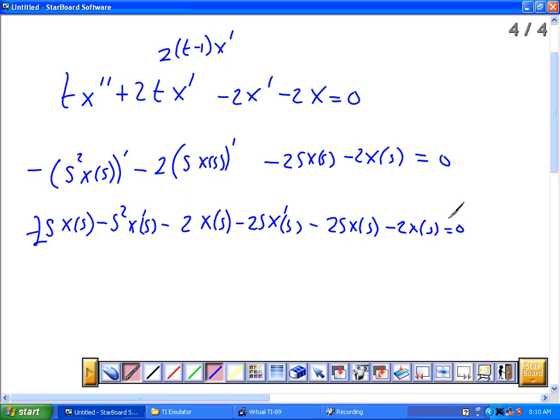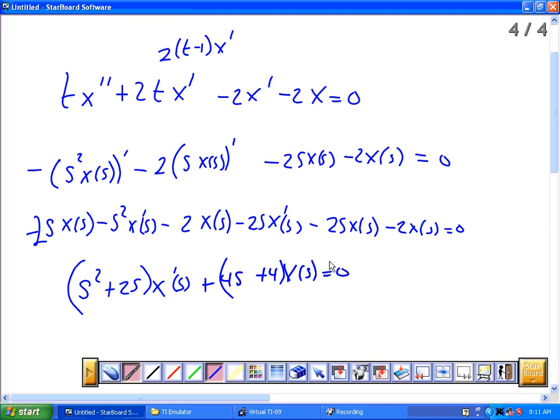Okay. That said, if you collect your like terms, that's s squared plus 2s x prime of s. And if you collect all your x's, you should end up with 4s plus 4 x of s's again. Again, that is separable.